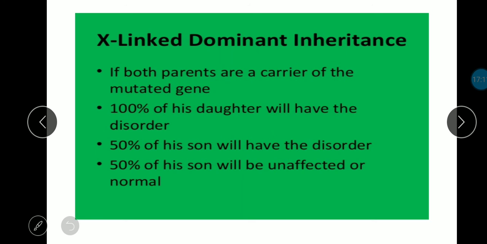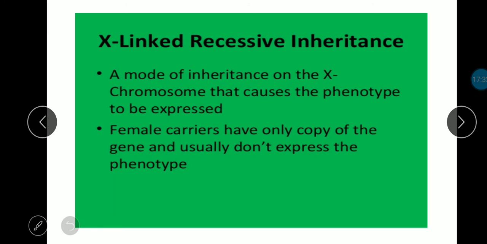If both parents are carriers of the mutated gene, then 100% of daughters will have the disorder, but in the case of sons, there is a 50% possibility. 50% of sons will have the disorder and 50% will be normal.